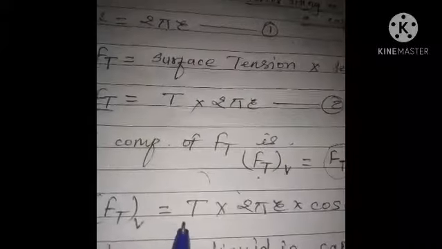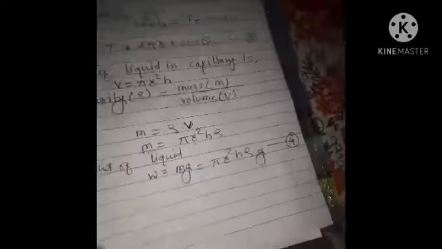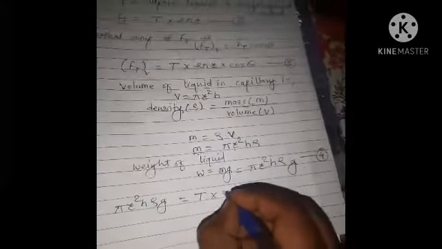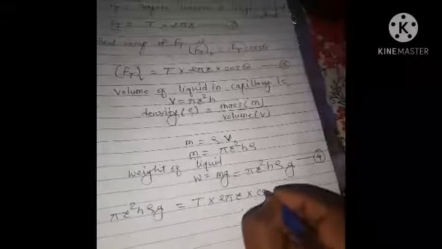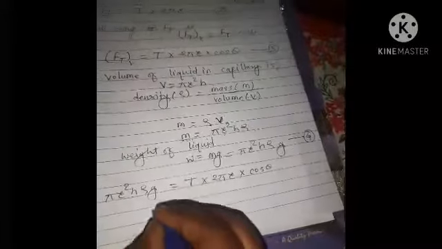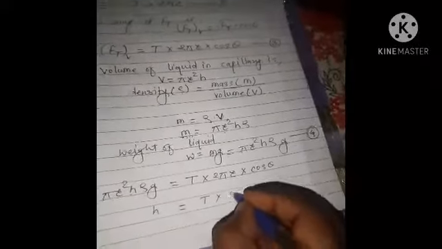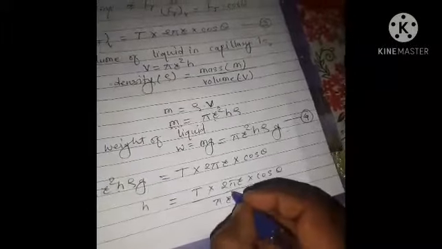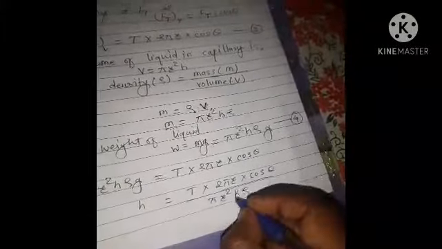Now comparing equation 3 and equation 4, we get pi r square h rho g is equal to equation number 3. Now we will write the formula for h. Therefore h is equal to T 2 pi r cos theta divided by this term, transferred to this side.